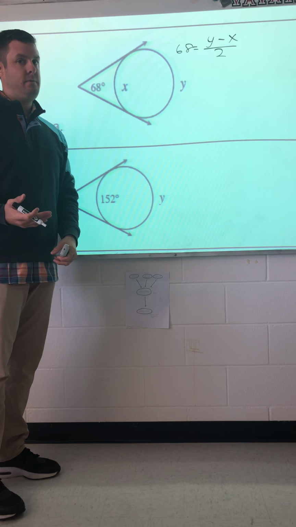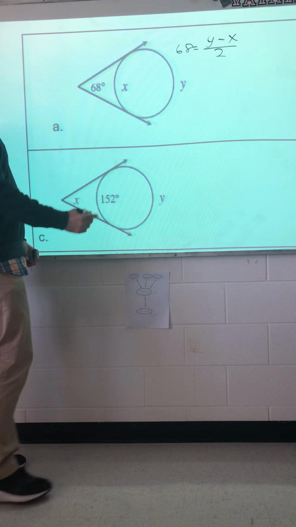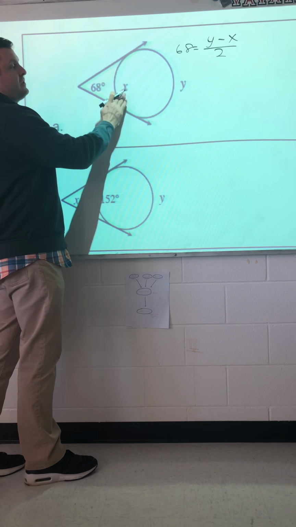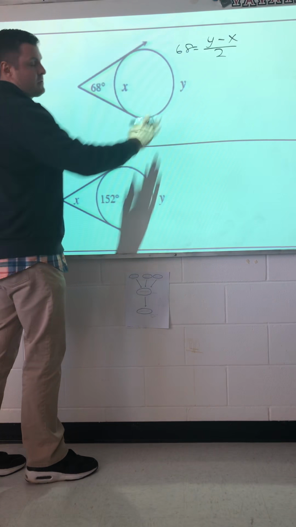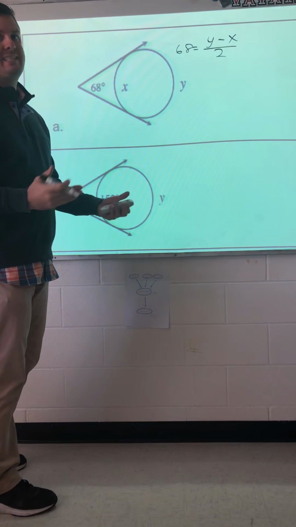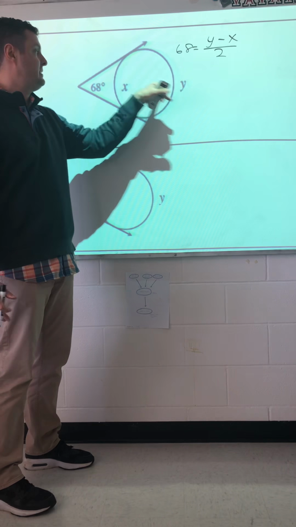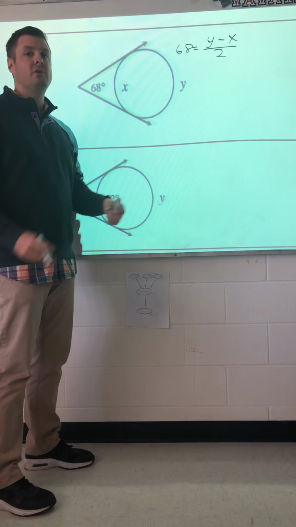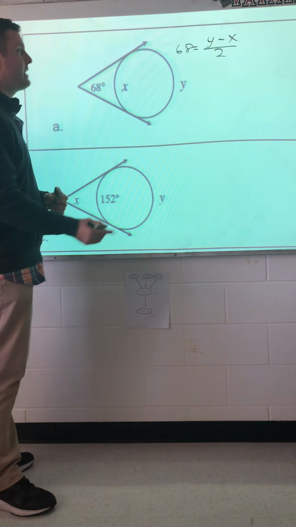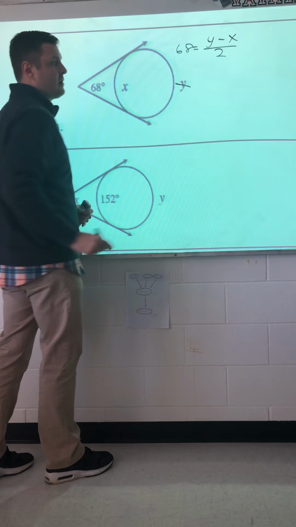Again, the key when we have two tangents is to realize it's 360 degrees all the way around. So what we can do is say, well, if this was 60, you know that y was 300, right? Because you do 300 minus 60. If this was 100, you'd know that this was 260. 360 minus 100 is 260. So we want to use that thought process to say, that's not going to be y.